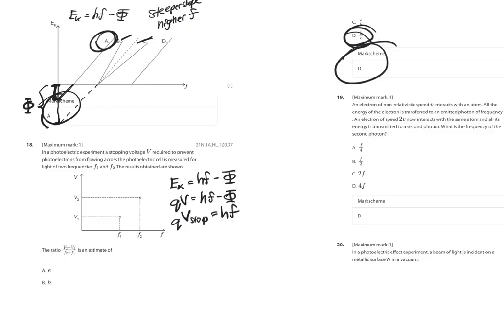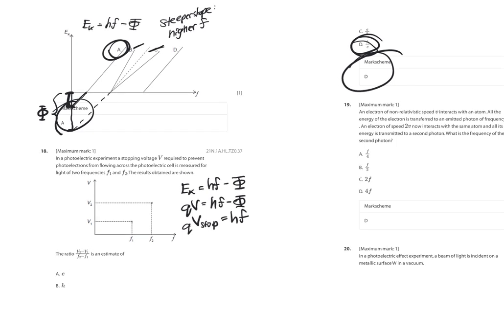Okay, so EK equals HF minus the work function. So kinetic energy is QV, which is HF minus the work function. And so the stopping voltage is just at the point where you just overcome the work function, the minimum stopping voltage. And for the 2 different frequencies, we have QV equals HF.